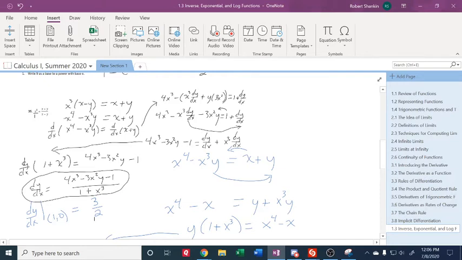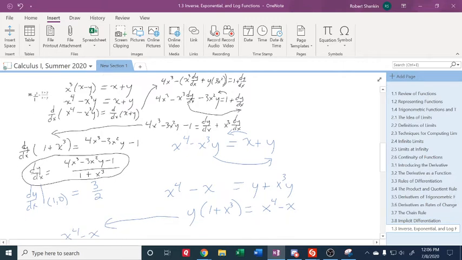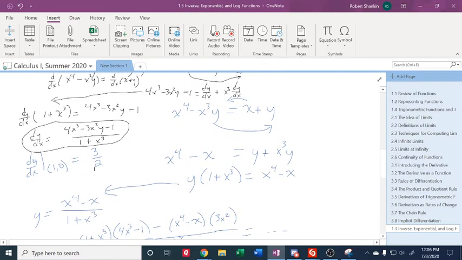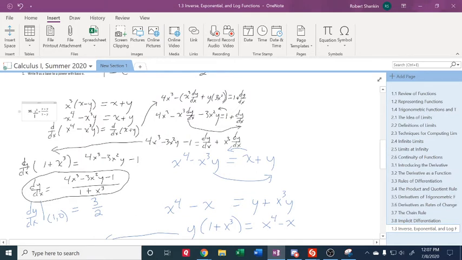It's not going to be easy to tell that they are the same. Probably the only way that you're going to be able to check is exactly what you guys are doing, putting in some points, because they can look so very different. You could check on this one only because we were able to solve this thing for y.